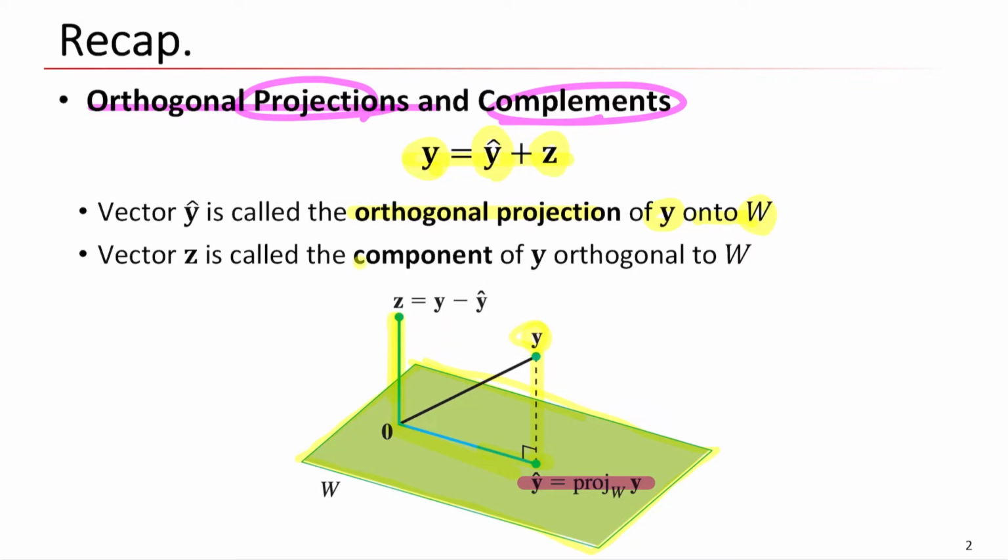So z is called the component of y orthogonal to W. This is the concept of the orthogonal projection and component.